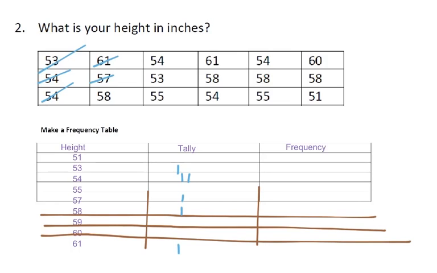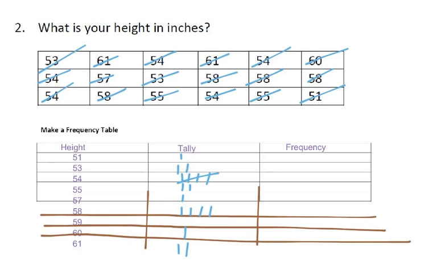And 58. 1 for 54. 1 for 53. 1 for 55. 1 for 61, 1 for 58, 1 for 54, another for 54, another for 58, another for 55, another for 60. Oh, that was the first one for 60. Okay, so another for 58, and then 1 for 51.